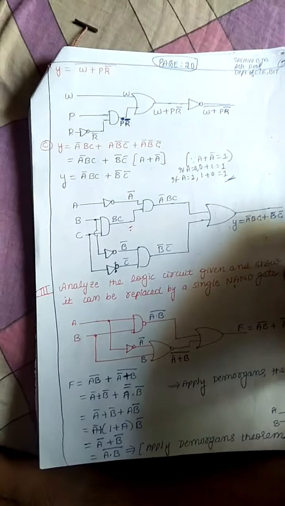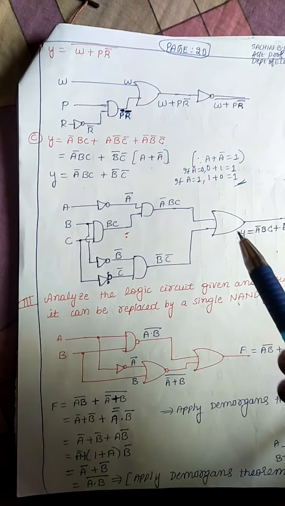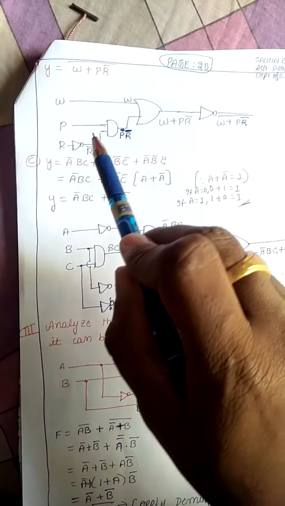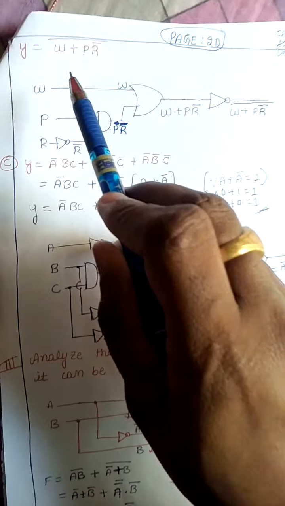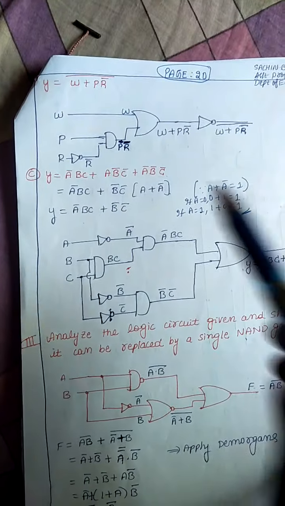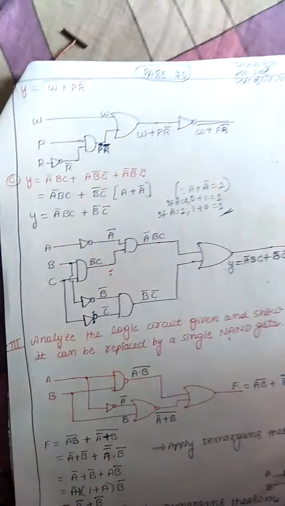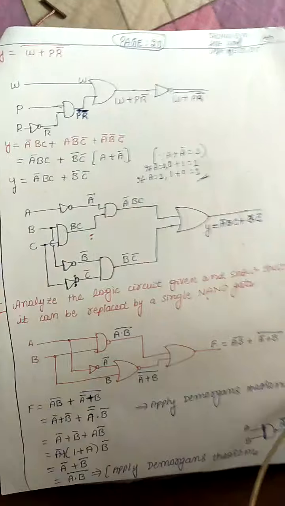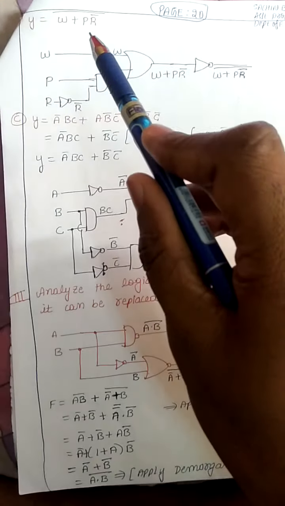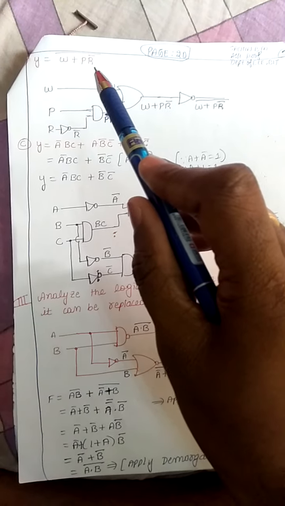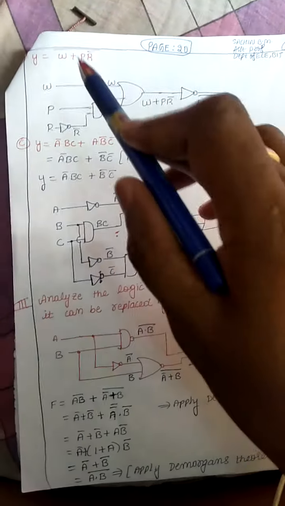So in the question they will give an expression, and you have to realize it using the basic gates. If you come to this diagram, you may observe Y is equal to (W plus P R bar) whole bar.